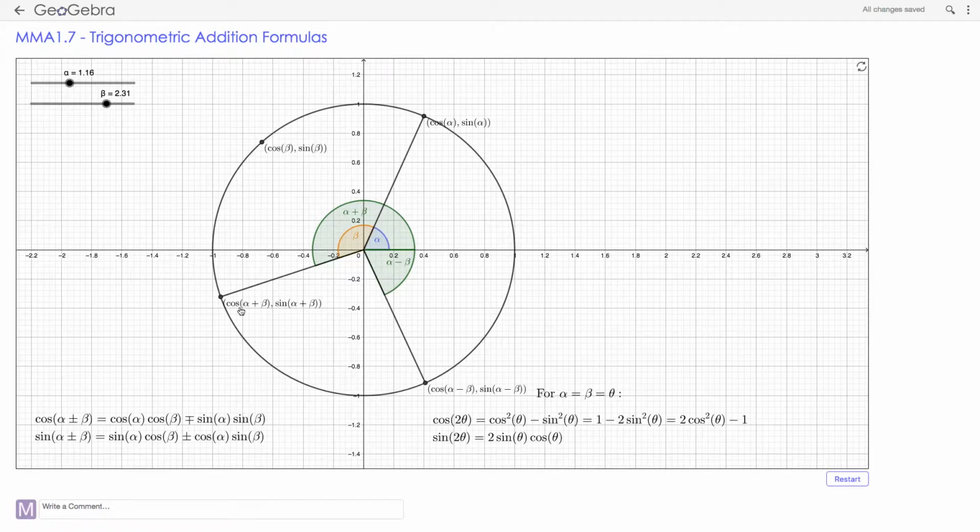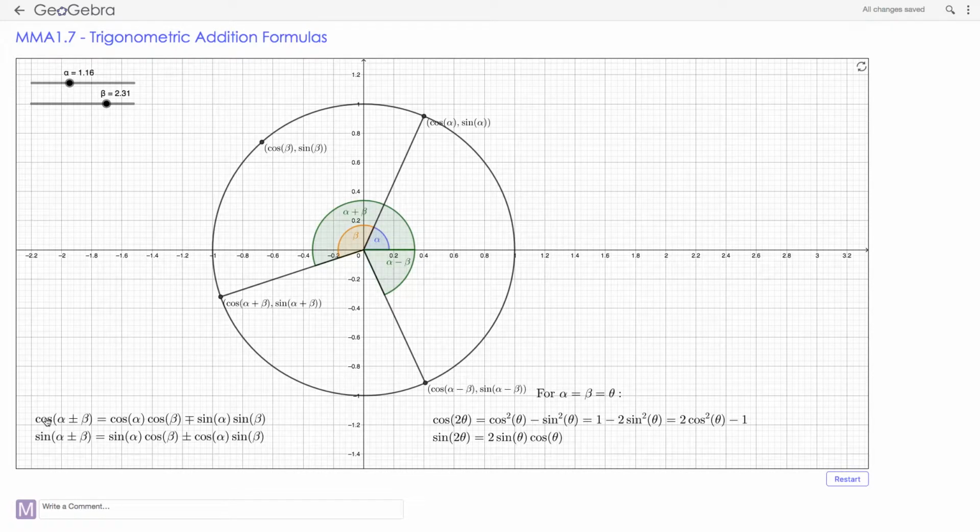If you want to calculate cosine of alpha plus beta, comma sine of alpha plus beta, knowing only the coordinates of these 2 points, this is a sign called plus minus, and here's a minus plus. The way to read this is to say if I want the plus version here, I should use the minus version here because they're both on top. There's a minus at the bottom here. So if you want the minus, you should use the plus here because it's on the bottom here.